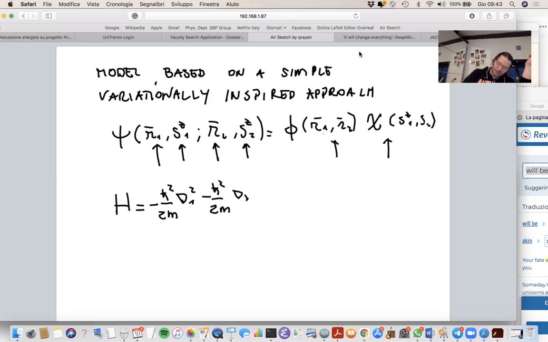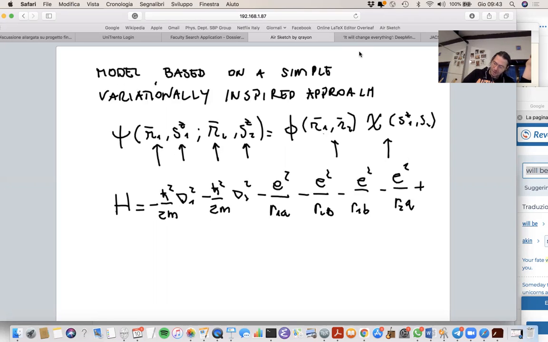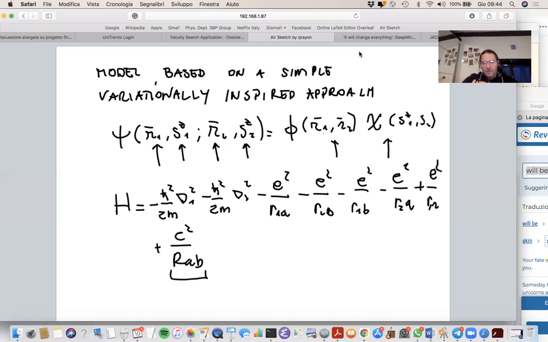has the kinetic energy of two electrons, the Coulomb attraction of the first electron and of the second electron with their own atom, the Coulomb attraction between the first electron and the second nucleus, the Coulomb attraction between the second electron and the first nucleus, the repulsion between the two electrons, and the repulsion between the two nuclei, but this is a constant, because we are solving this problem for fixed nuclear positions.